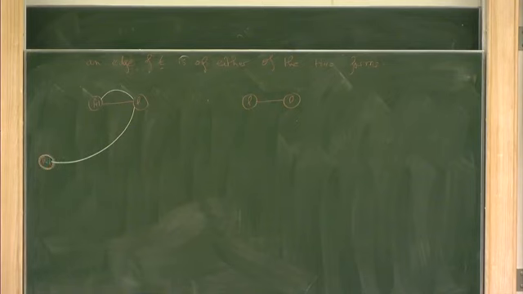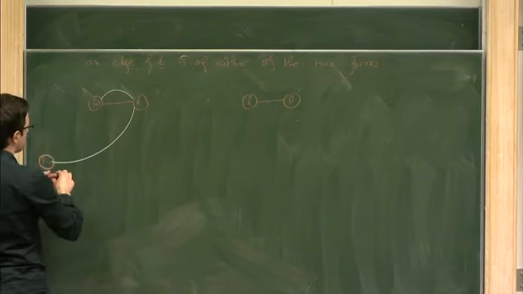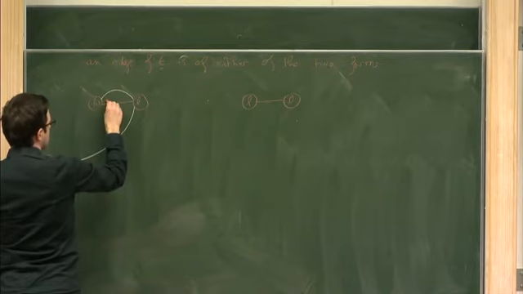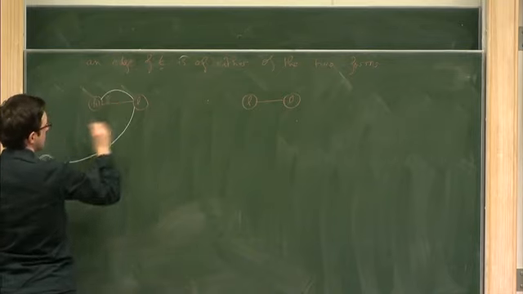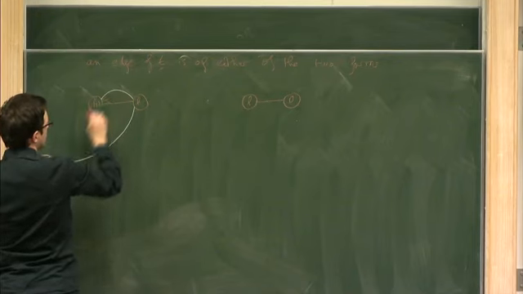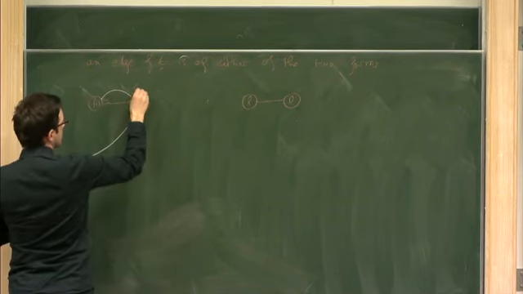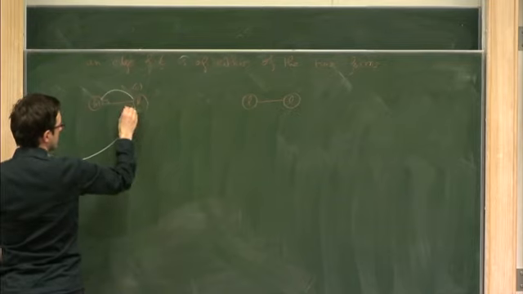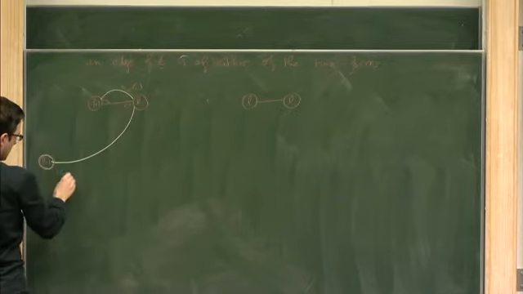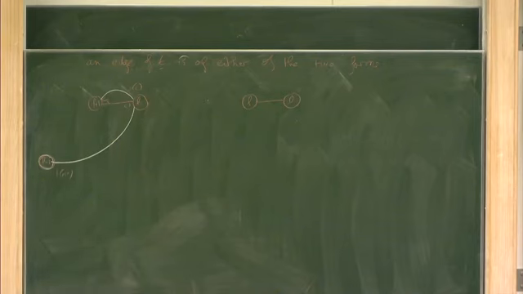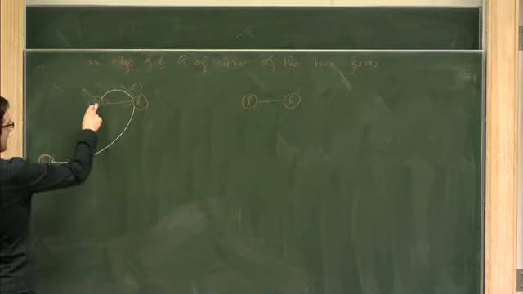Okay? Okay, so this is, if you like, this is the edge, the oriented edge E, or the corner incident here, and this is the successor of this corner, and now this is C prime, and this is the successor of C prime.